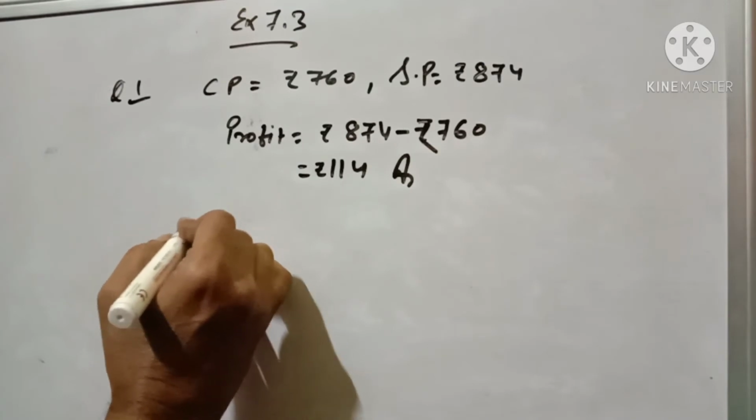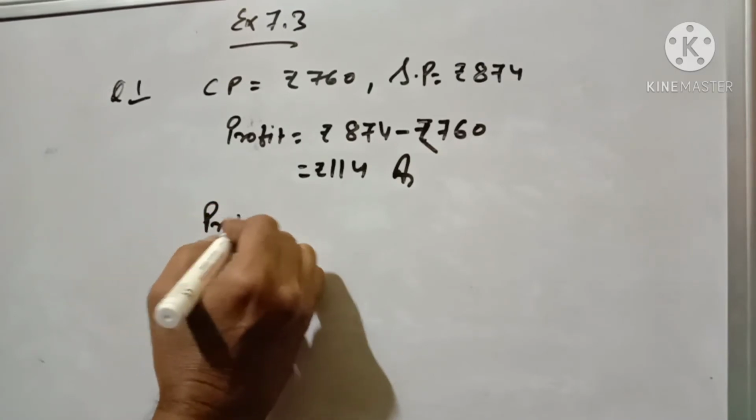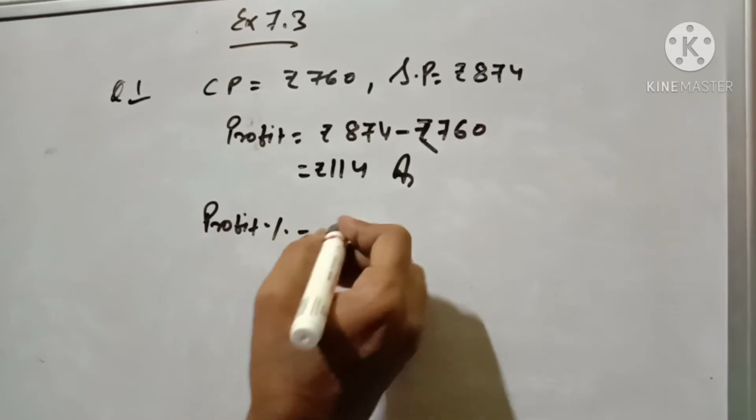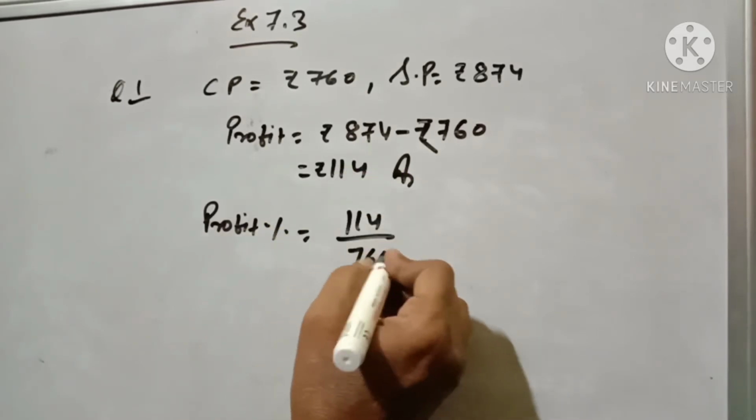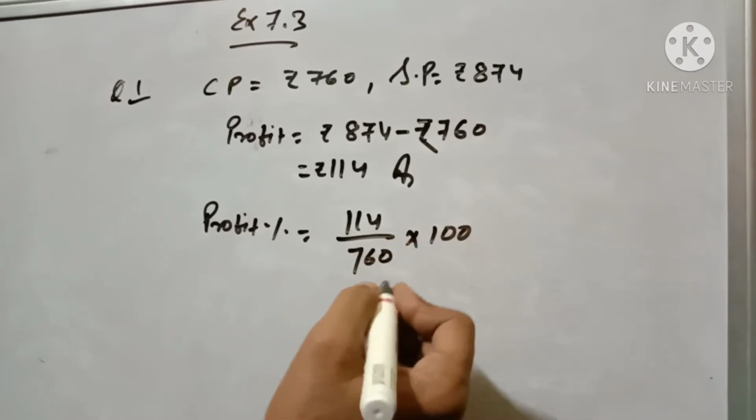Now profit percent means profit by CP into 100.